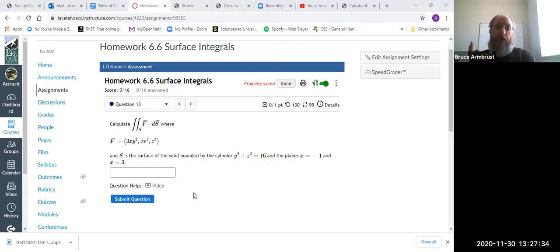Basically we're going to find the flow through this cylinder, because we have a cylinder capped on the sides, and we're seeing what kind of flux we're getting. So this is just a measure of flux. But it is a surface integral, so how do we go about doing that?